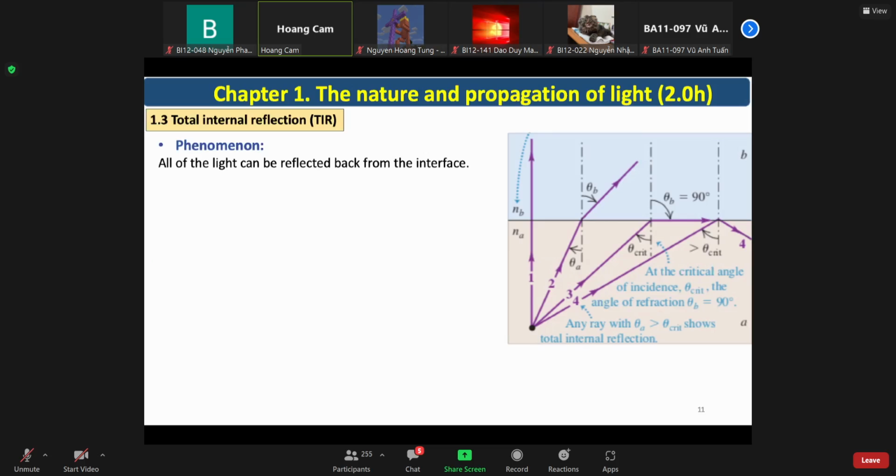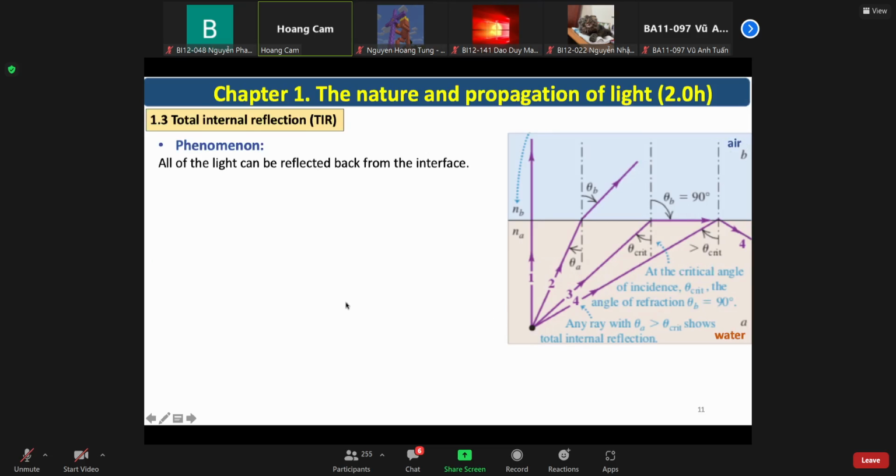So you can deduce sine theta critical equals NB divided by NA. Here, this material is water and this material is air.